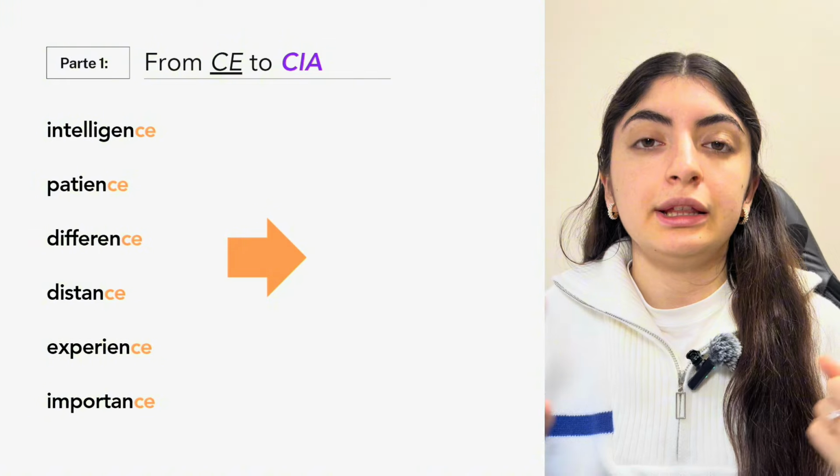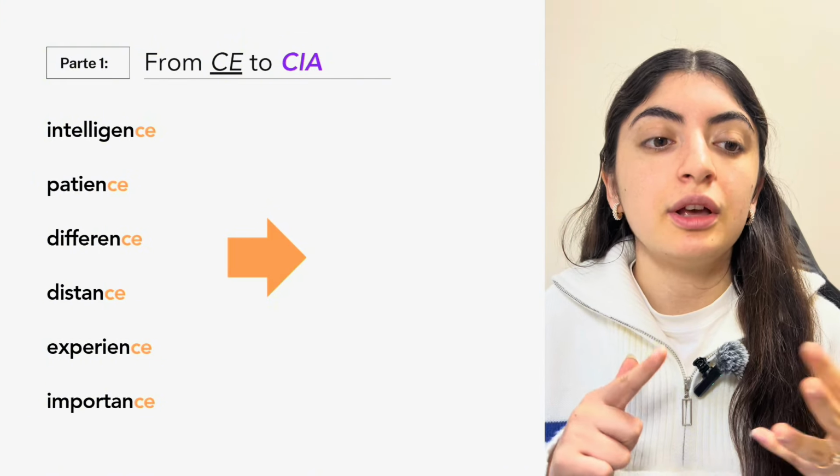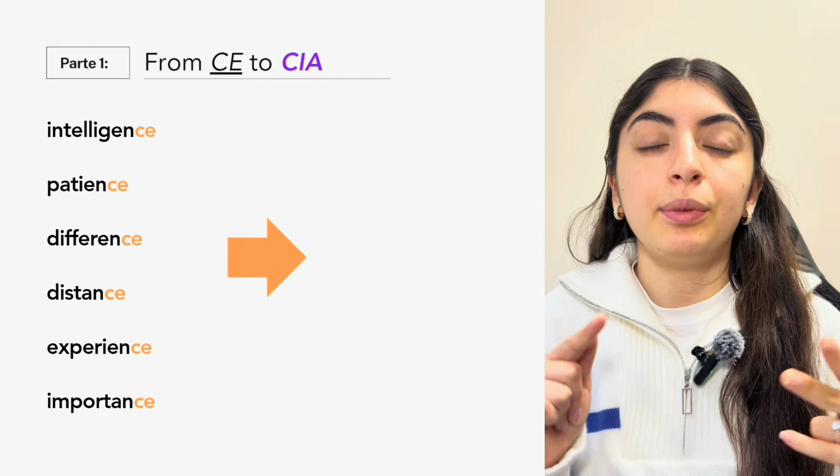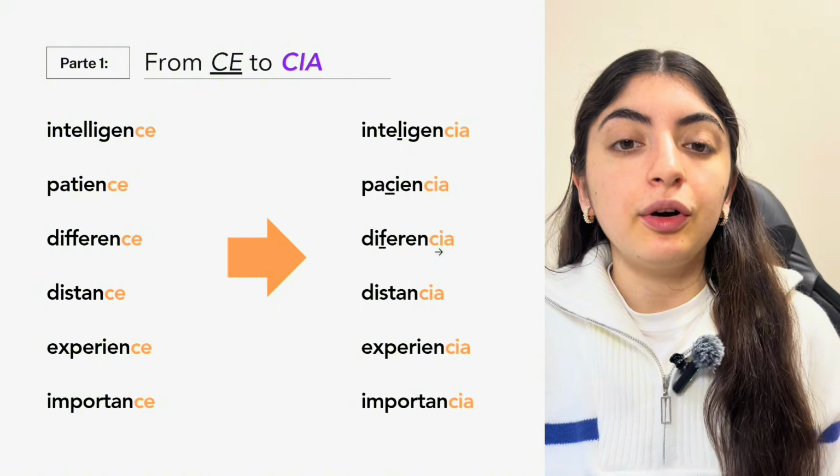For example, intelligence, patience, difference, distance, experience, and importance. And here you have it.